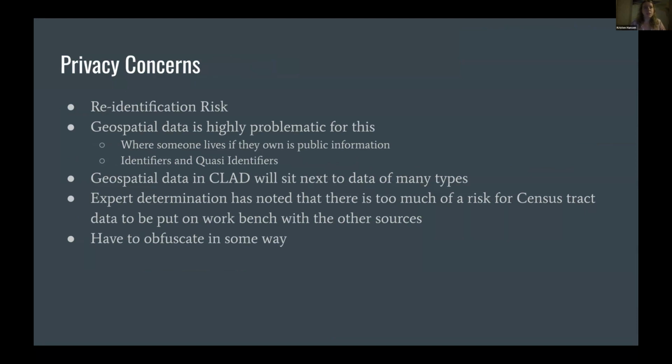And as you can imagine, if we have EHR data, if we have claims data, we additionally have survey data in the All of Us platform that has really granular race information, for instance, that you can pretty easily narrow down someone who lives in a census tract.